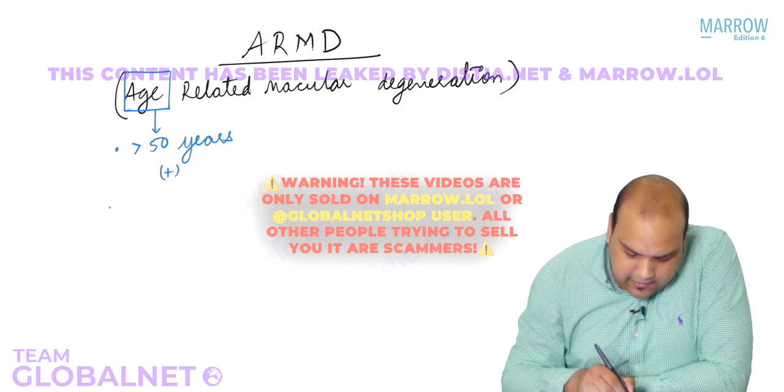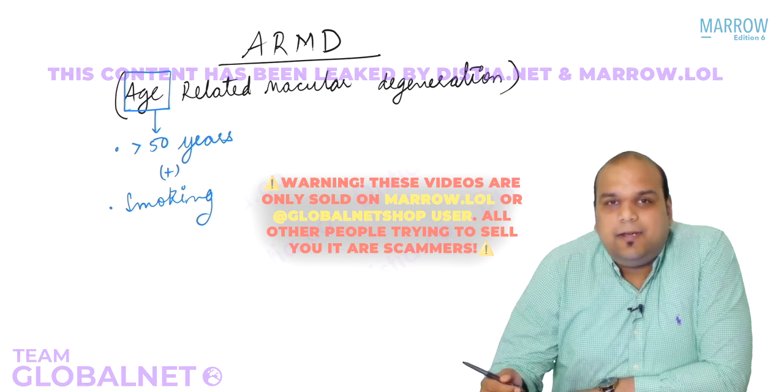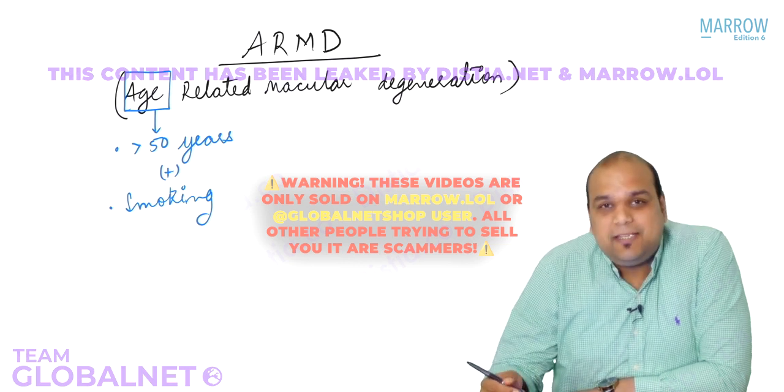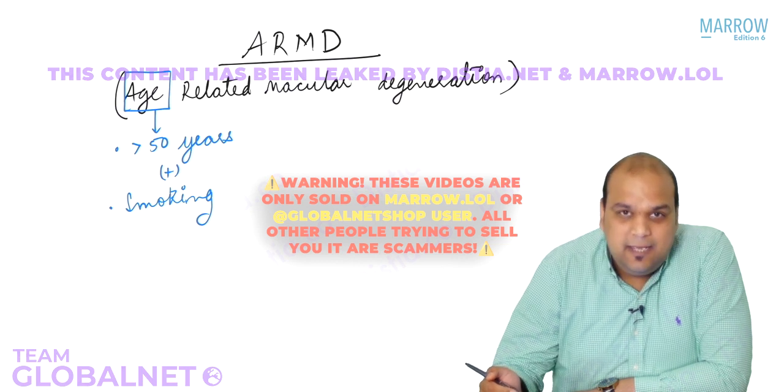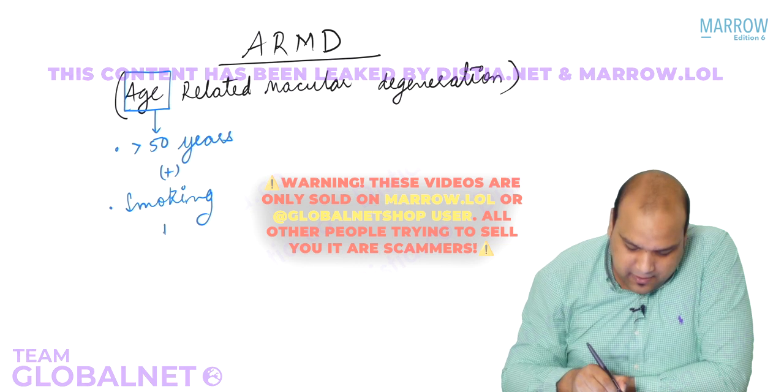Plus, another important risk factor is smoking. I know even though a lot of smokers are there in our country also, but smoking is a lifestyle habit in the Western countries. Yes, so this adds to the incidence in Western countries.